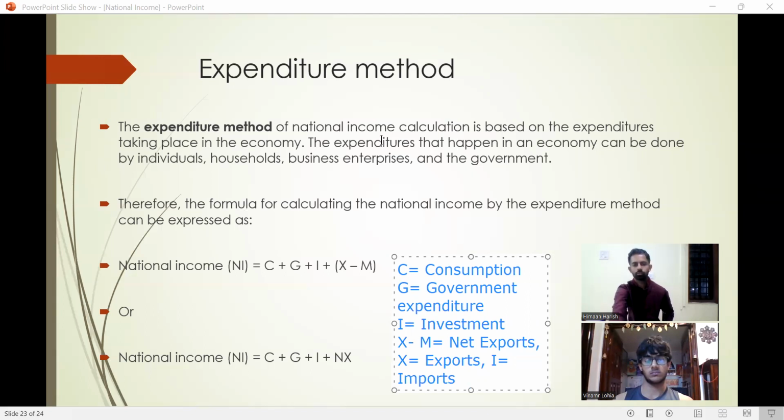So it is just the expenditure done by individuals, households, business enterprises, and the government. Consumption can be by individuals or households.